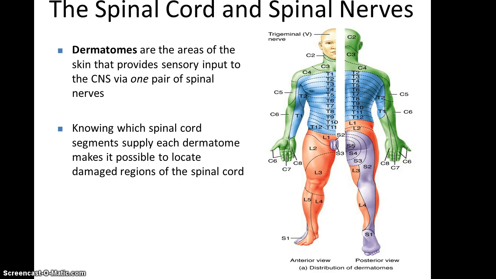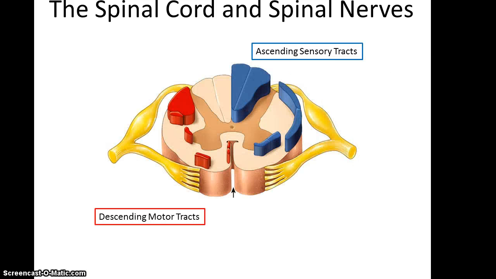And by knowing where each of these dermatomes are in terms of their associated nerve, then you can know where there might be damage to the spinal cord. So if the doctor touches an area and you say, I don't feel that, then he knows, in this case up here, that it's C5. It's the spinal nerve cervical 5 that might be damaged, leading to that numbness.